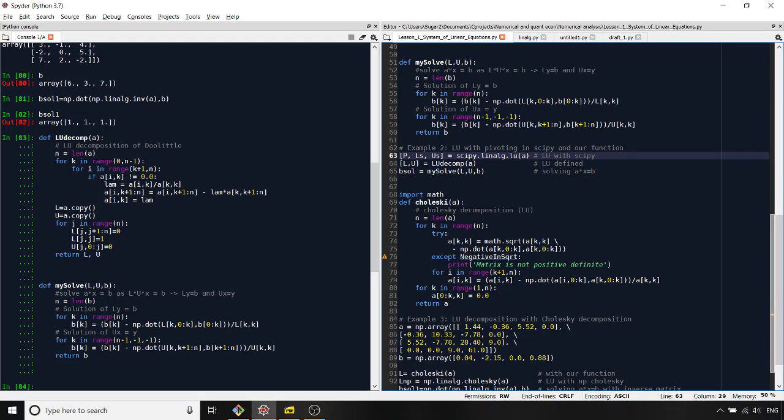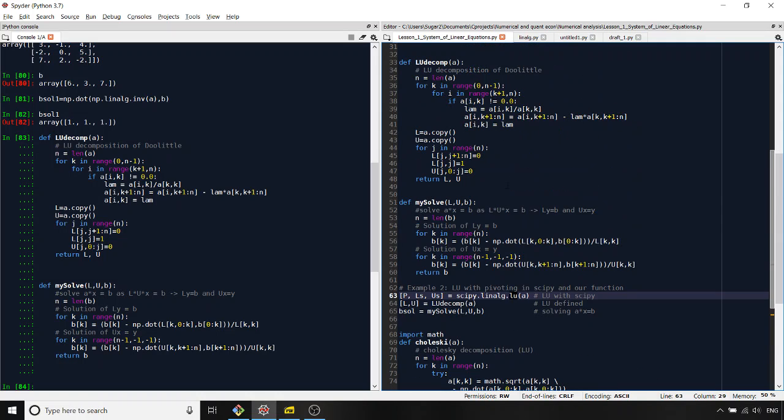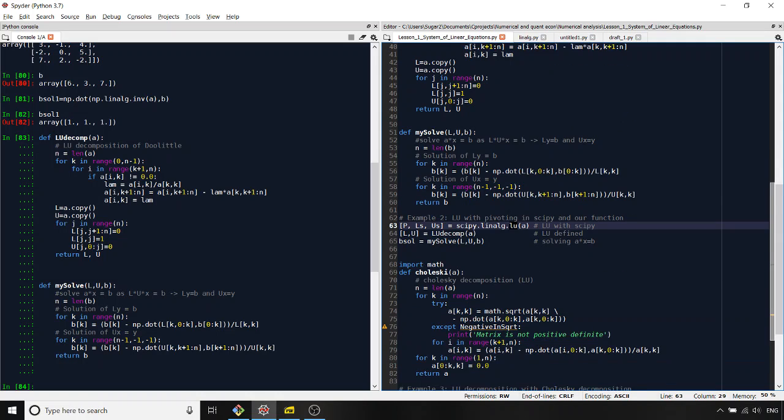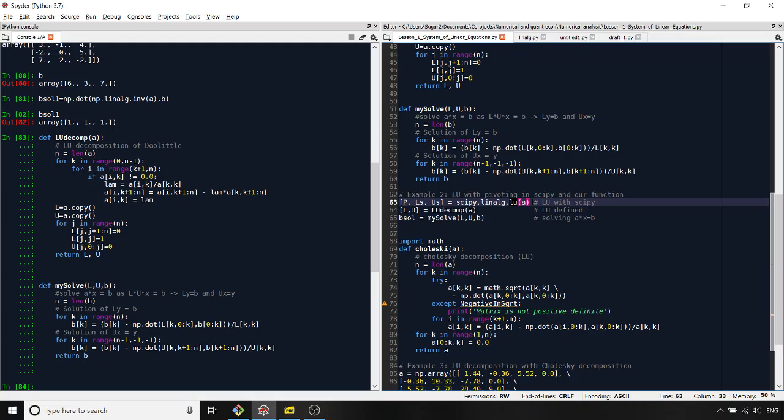This, however, will not give the same result as our decomposition, because this uses something called pivoting, and pivoting means something done before we go from top to bottom and make Gauss elimination and find the L and U matrices.